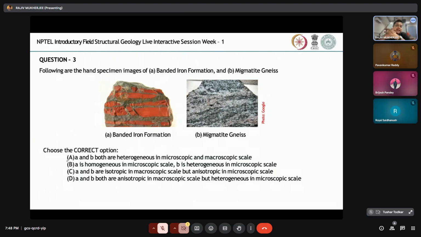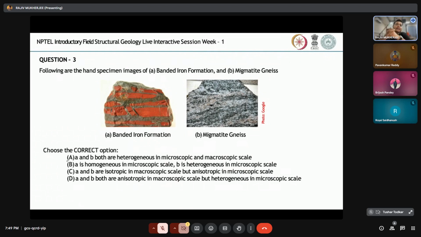Option C, A and B are isotropic in macroscopic scale but anisotropic in microscopic scale. Isotropic means whether the properties or compositions are direction dependent or not. Anisotropic means that there is a direction dependence of the composition or the property.